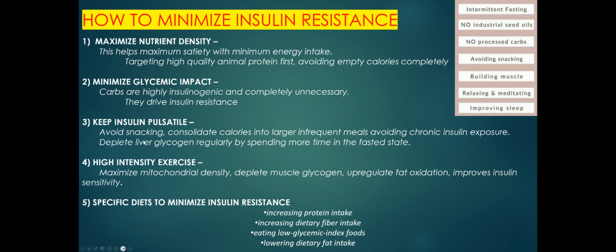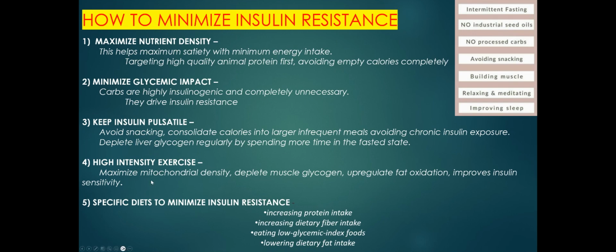Also, eat only within a specific time range so that you're not continuously snacking and the insulin spike does not always happen. So there has to be infrequent meal scheduling, which also helps deplete the liver glycogen and keeps the body in a fasted state.